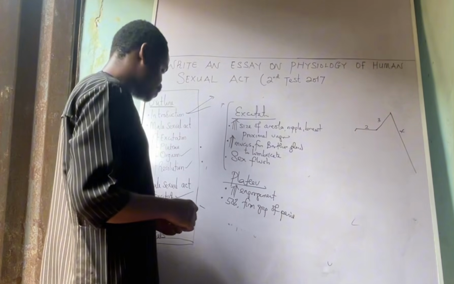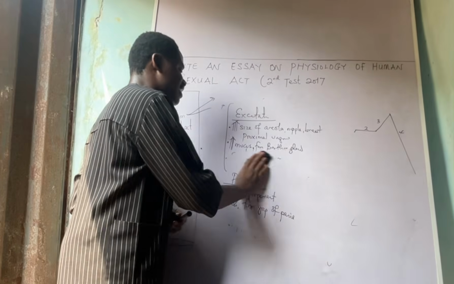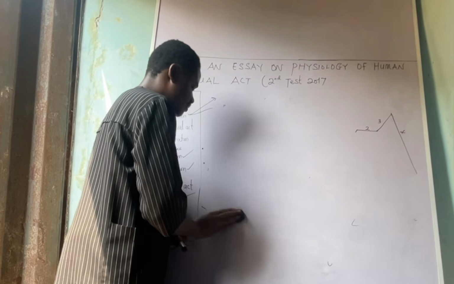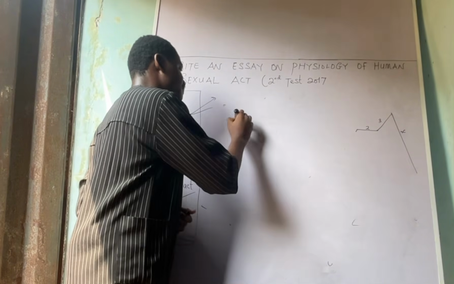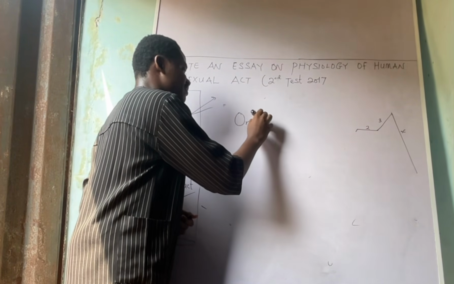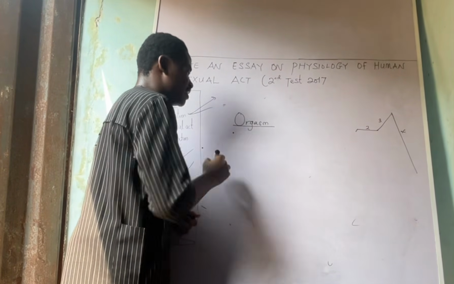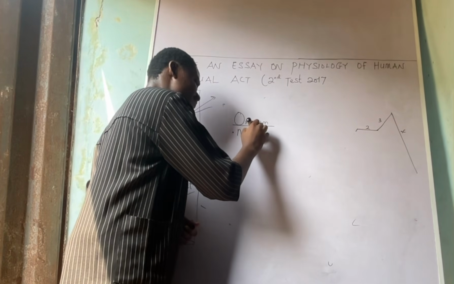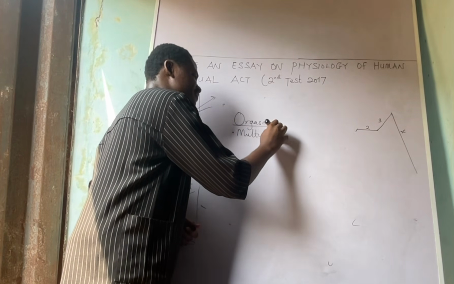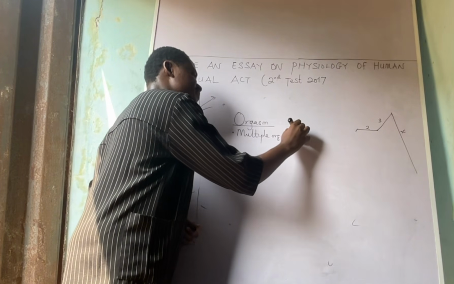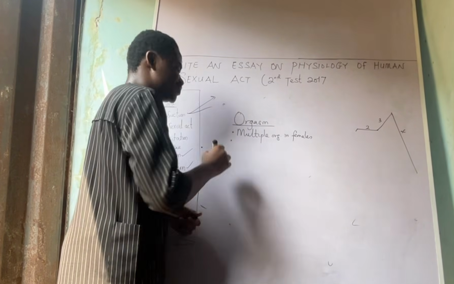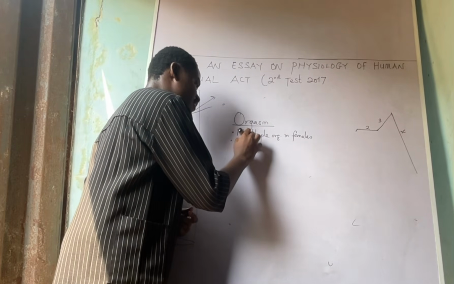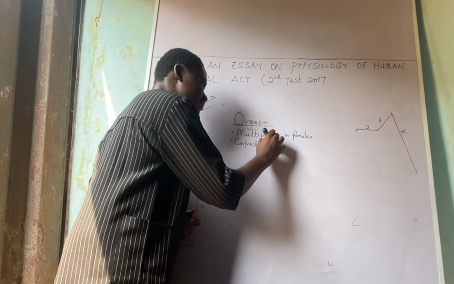Now, go now to orgasm. For orgasm, what are we going to see here? The one thing we are going to say in orgasm for the females is that you must remember that here we are going to be having multiple orgasms in the females. Now, also, there's going to be contraction of pelvic muscles.